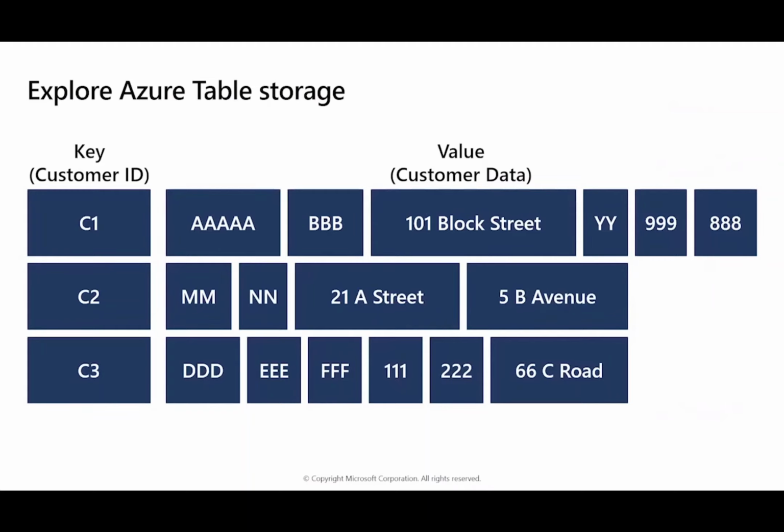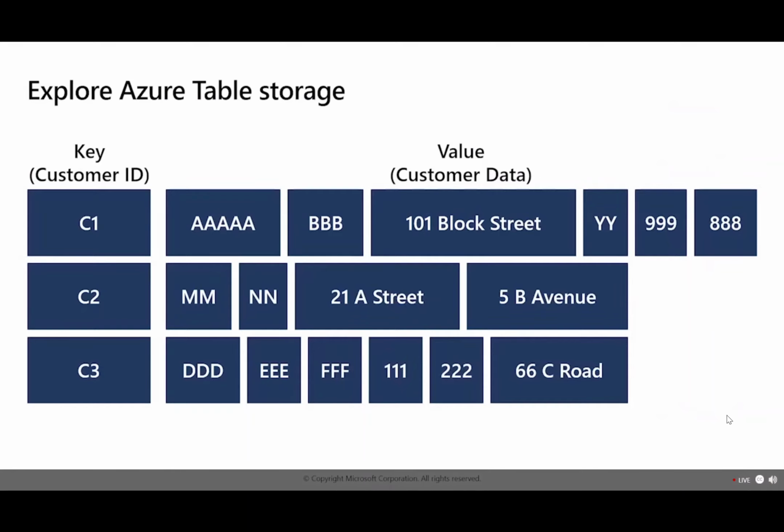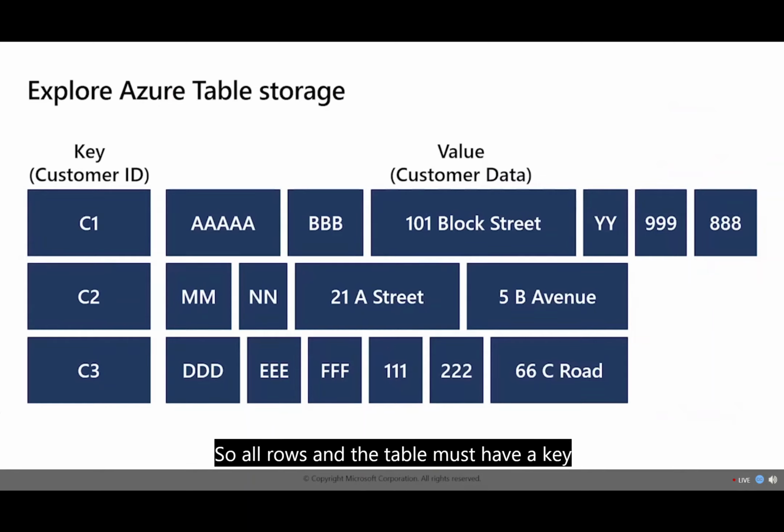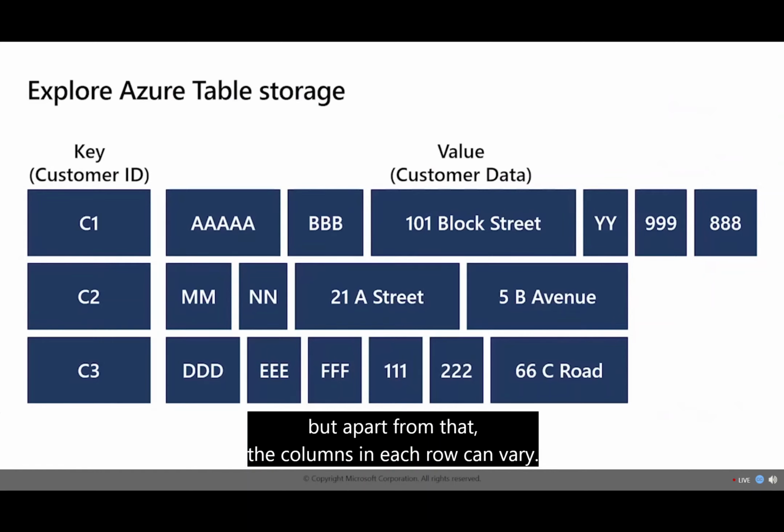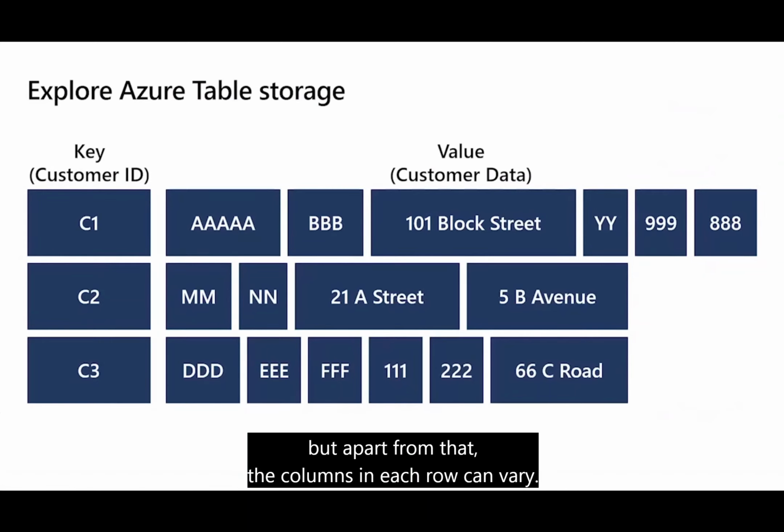In an Azure Table Storage table, items are referred to as rows and the fields are known as columns. But don't let this terminology confuse you by thinking that it's the same as a table in a relational database, because Azure Table Storage allows you to store semi-structured data. So all rows in a table must have a key, but apart from that, the columns in each row can vary.